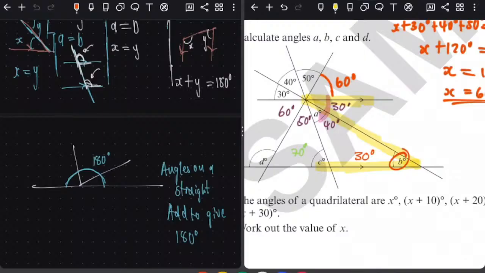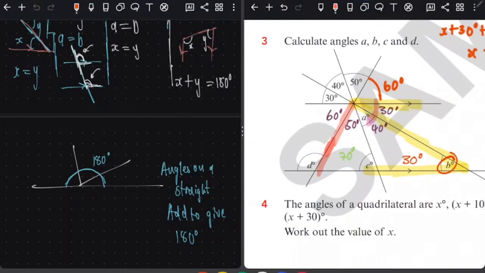Then you come here. This is too easy for you guys. It's too easy. You come here. Do it like this. You see this Z here and here.